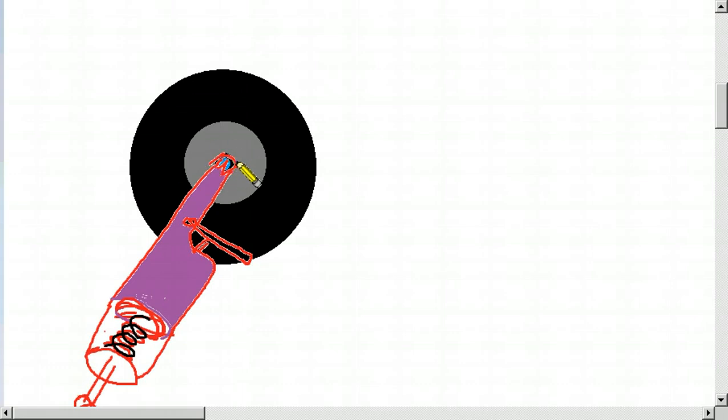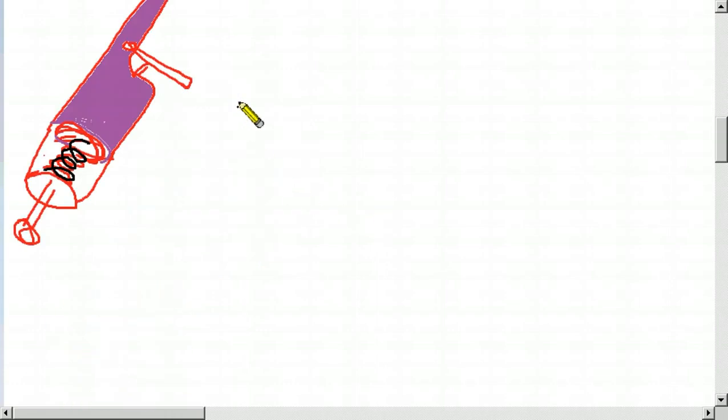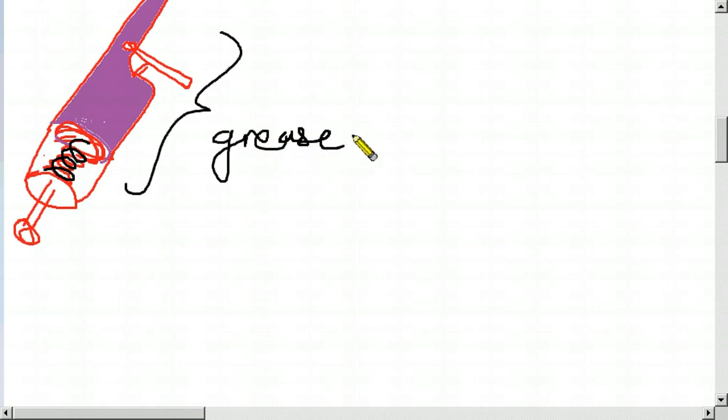To rotate them smoothly, we need lubrication, so grease is used for that. Therefore we have to force grease into the grease nipple and through that nipple to the mechanism of the tire. So this one is called a grease gun.